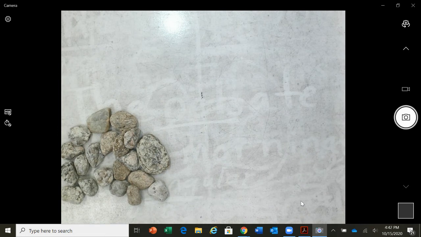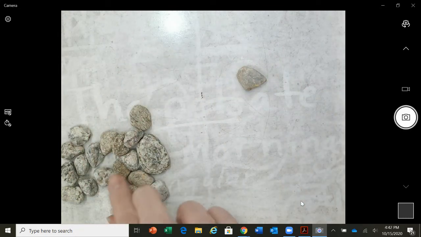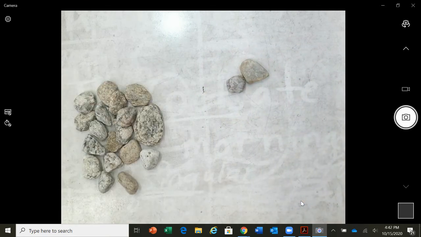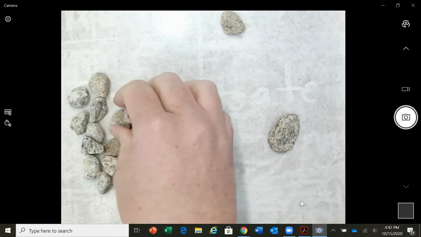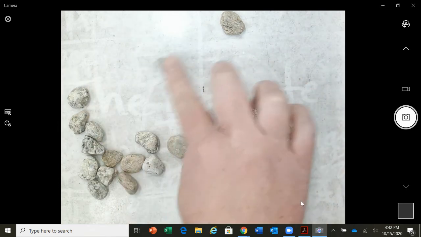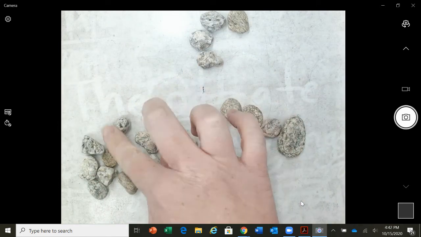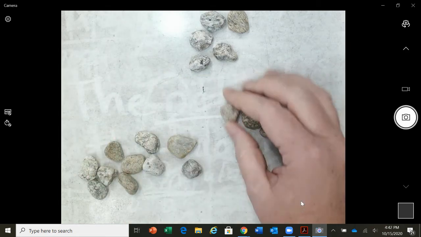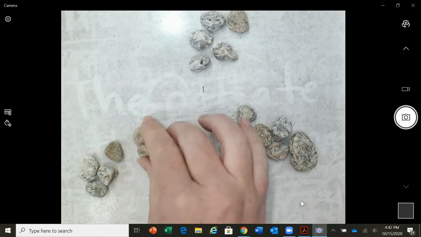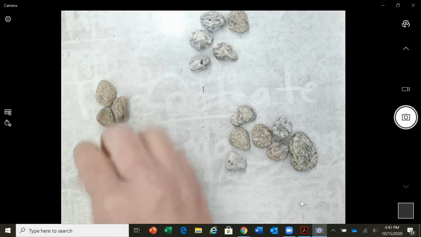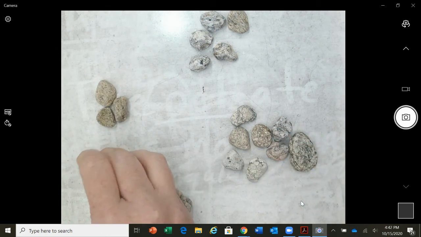I can also do it by pattern. I have this one that's sparkly, and I have this one that's sparkly. The rest of them are kind of dull. So I have shiny and dull. I also have, this one has spots. This one has lines. Spots, spots, lines, lines, spots, spots.